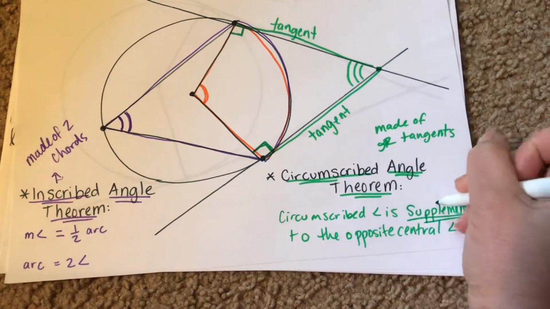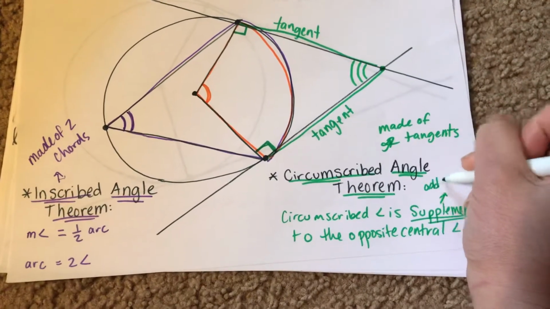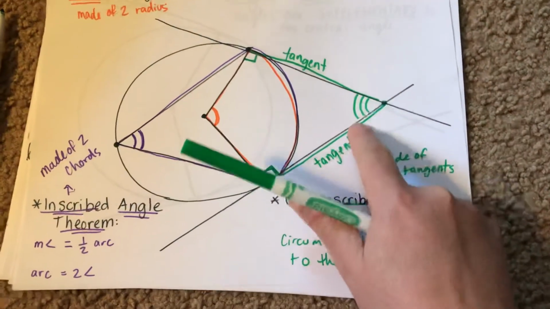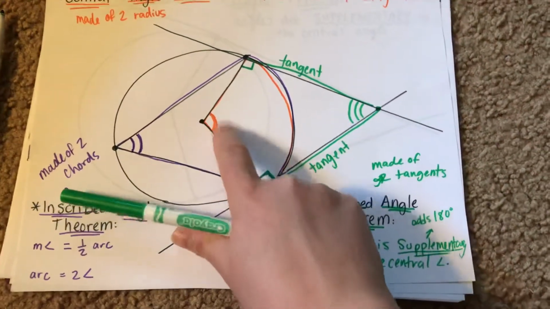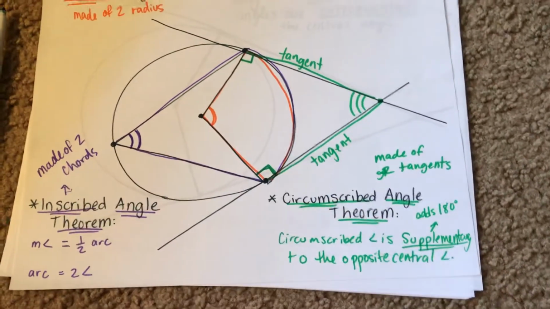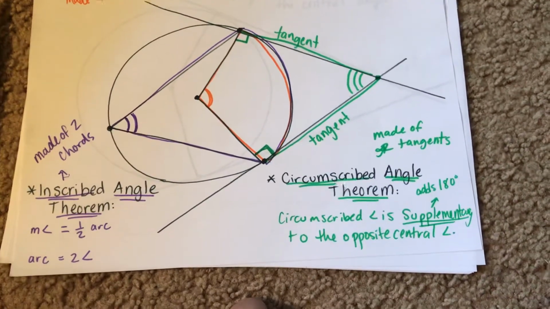Now, this word supplementary, hopefully you remember, means it adds to 180 degrees. So this angle out here, our circumscribed angle, and this central angle that's across from it, when you add them together, they equal 180 degrees. And today we are going to talk about why.